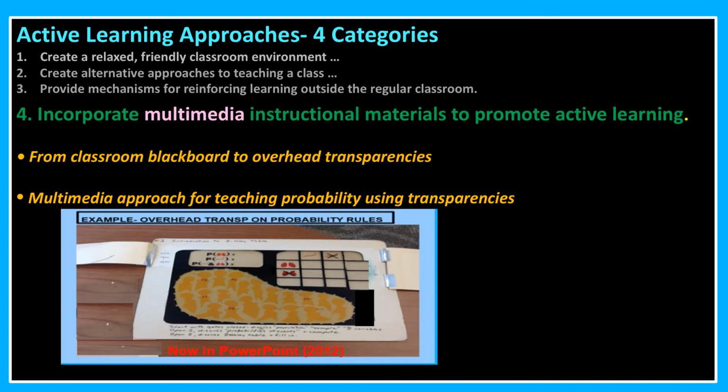This is a picture of the first of the transparencies on teaching probability, where you see a very colorful picture, and I had a sample of people in a small picture here, and using the data on these people, some of whom smoked and some of whom had some kind of respiratory problem, I was able to set this up as a two-way table and then illustrate teaching probability using the features of two-way tables.